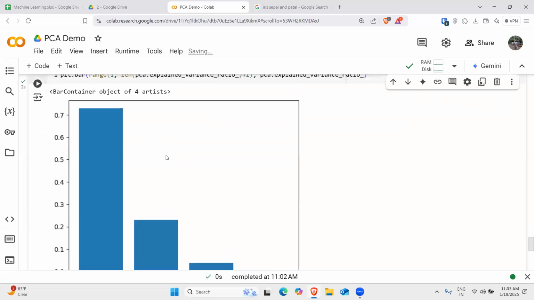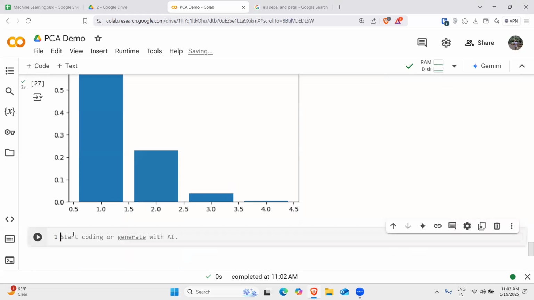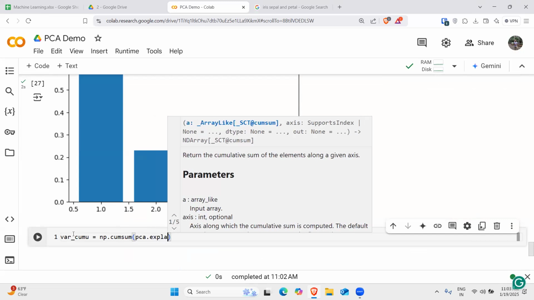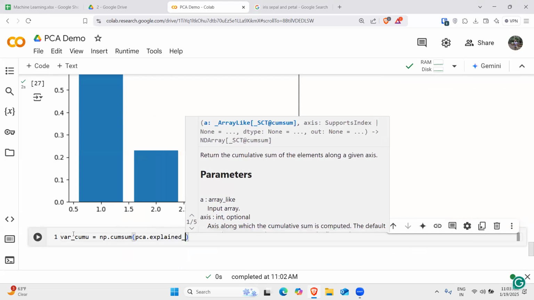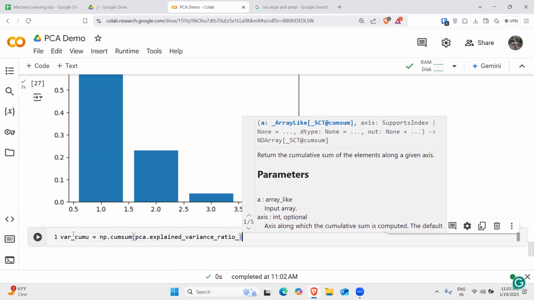This is your bar graph. And then you have variable cumulative is equals to np dot cumulative sum pca dot explained variance ratio underscore.